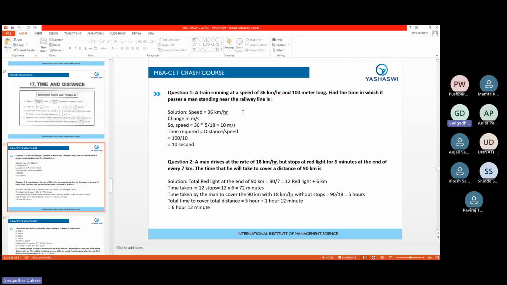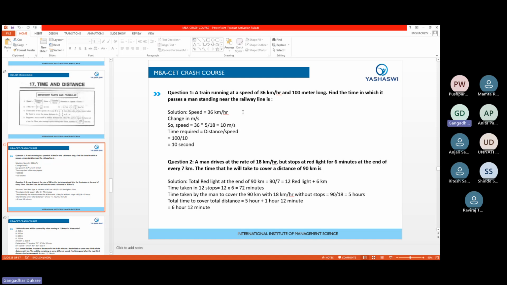So time equals distance upon speed. The distance is given, that is 100, and the speed we calculated is 10 meter per second. So the time required to reach the person standing nearby is t equal to 10 seconds.